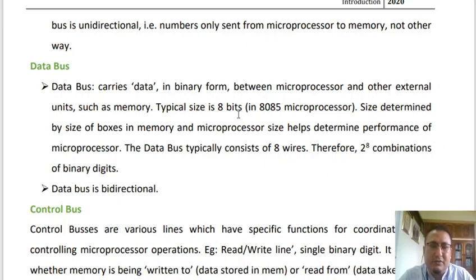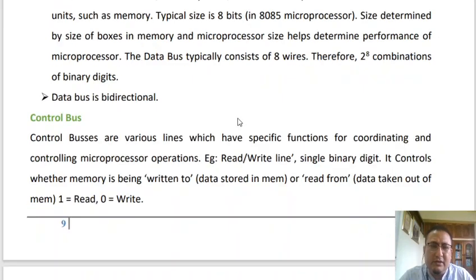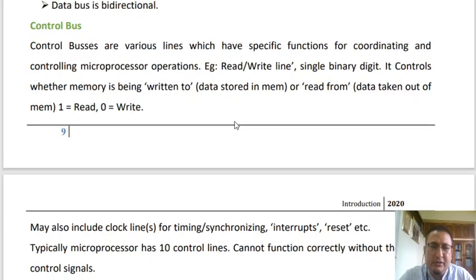Now, control buses are lines used for sending controlling and coordination signals whenever an operation is being performed by the microprocessor, for example read and write. Depending upon the requirement, we can send necessary signals through the control lines and make the microprocessor do the required task.